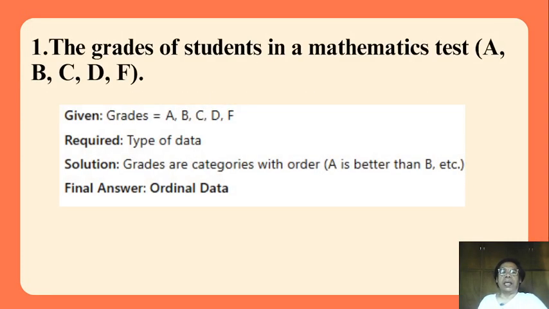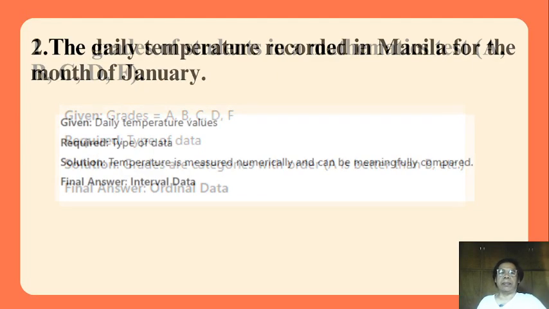Number 1, the grades of students in mathematics tests are A, B, C, D, and F. So, given grades A, B, C, D, E, F, require the type of data. So, the solutions, grades are categories with order. A is better than B, etc. And then, final answer, this is an ordinal data.